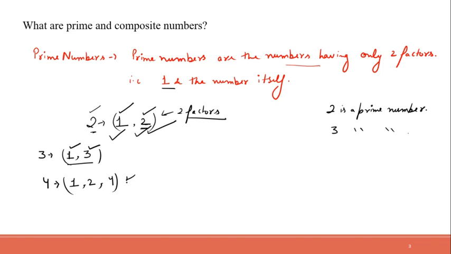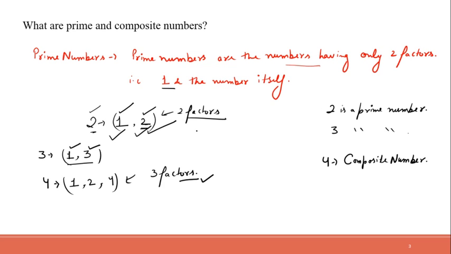Now this 4 is having three factors, right? Three factors. That means it is not a prime number because prime numbers are the numbers having only two factors. So it is having three factors. It is not a prime number. So what is it? It is a composite number.